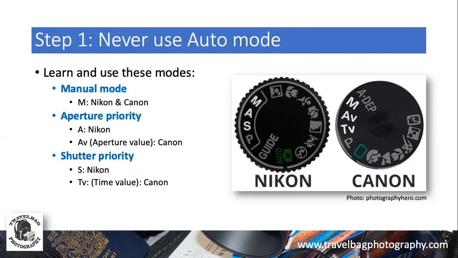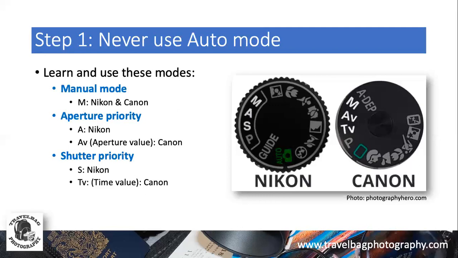Manual mode lets you adjust the aperture and the shutter of the camera. And in the Nikon and the Canon, you do that by adjusting the function dial to M. Okay, you can see the M on the right-hand side.